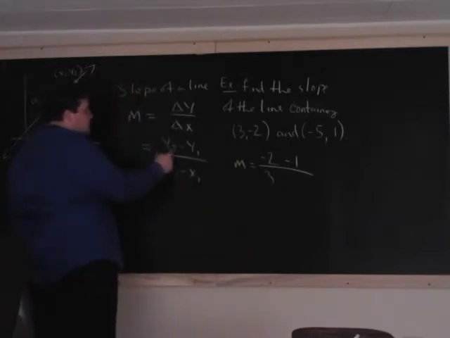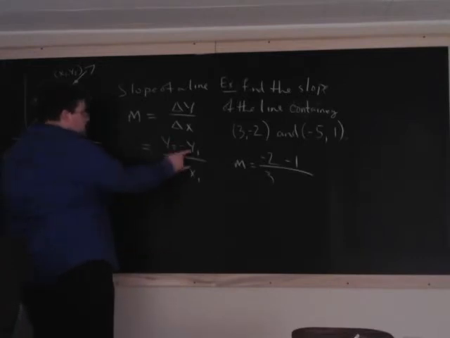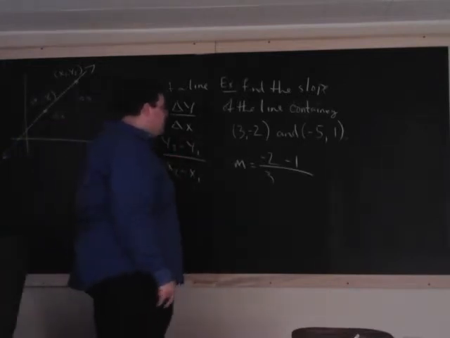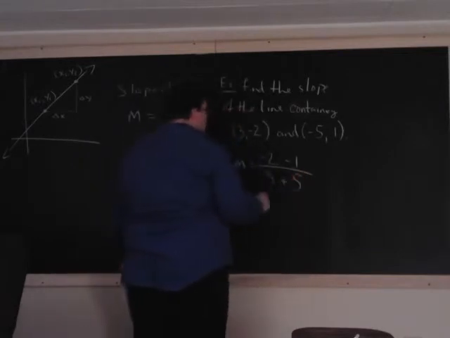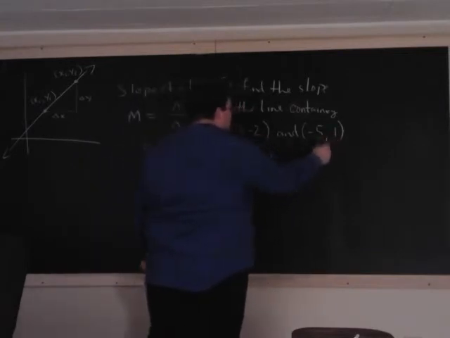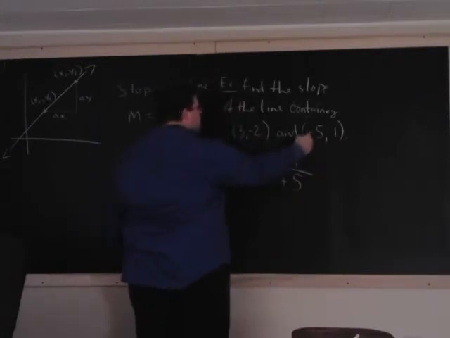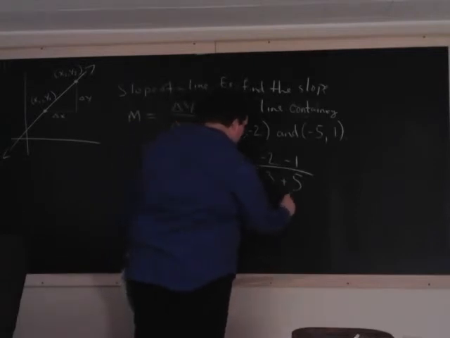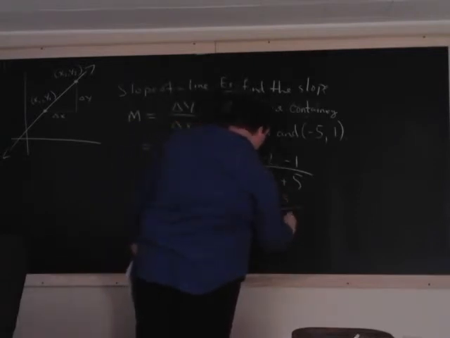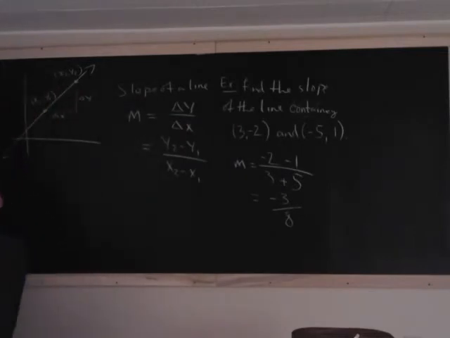Notice the subscript before the minus sign and the subscript after the minus sign are the same in the top and the bottom. So we have y value minus other y value over x value minus other x value. Notice here, 3 minus -5 is the same as 3 plus 5. And so we have this slope is -3/8.